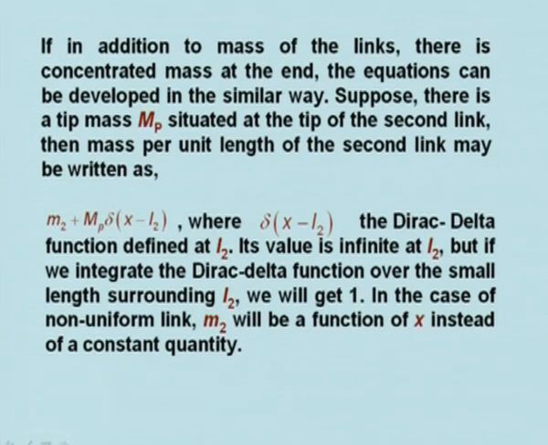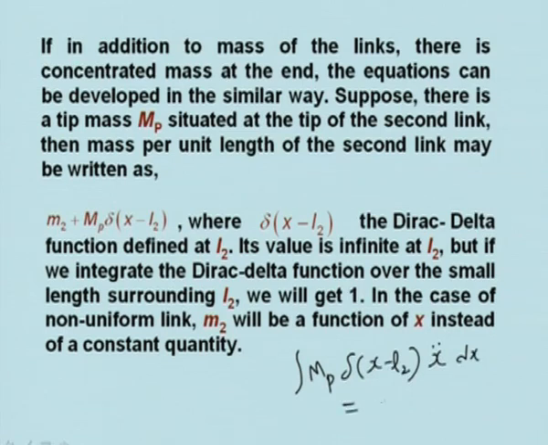In the case of a non-uniform link, m2 will be a function of x instead of a constant quantity. So in the integral sign we can put it, and that poses no problem. The Dirac delta function will have that property. Suppose you get some term like MP, then delta(x minus L2), multiplied by, let us say, something like x dx.